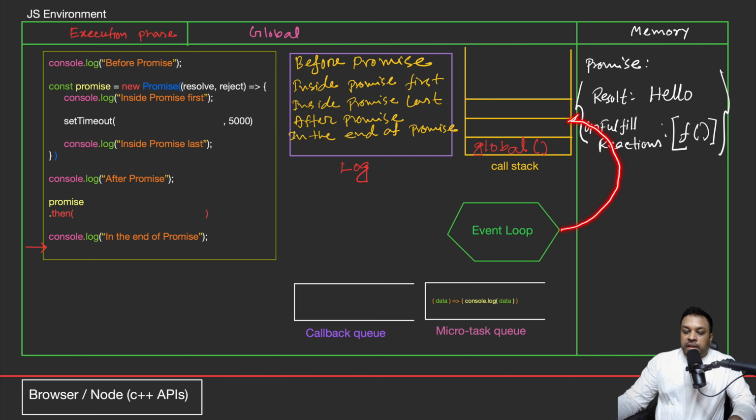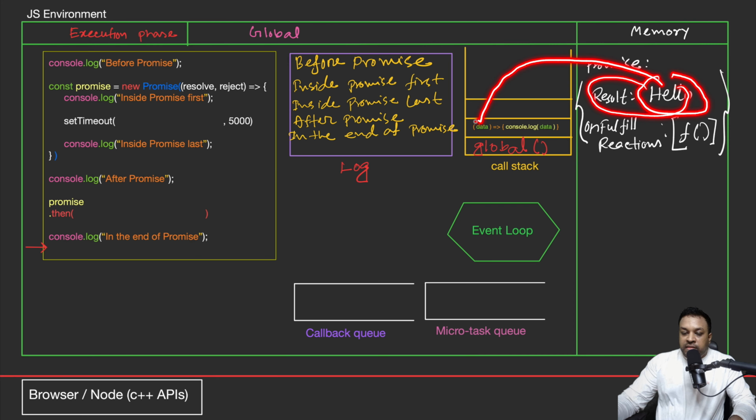Now the event loop is always checking. Remember, it saw there is nothing at the top of the call stack and global execution is done. So now it will check the queues. So it saw first the microtask queue and it saw there is a function. So it will immediately put it inside this call stack. So let's put it inside this call stack. So now this function will be called, and whatever is inside this result will be injected or put inside this data.